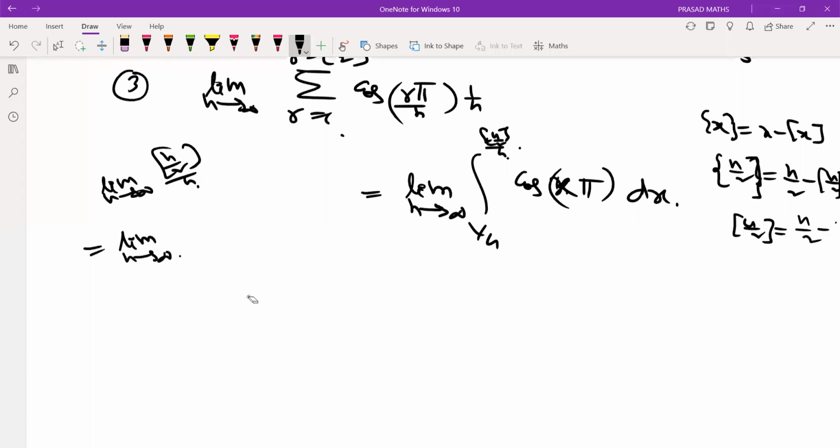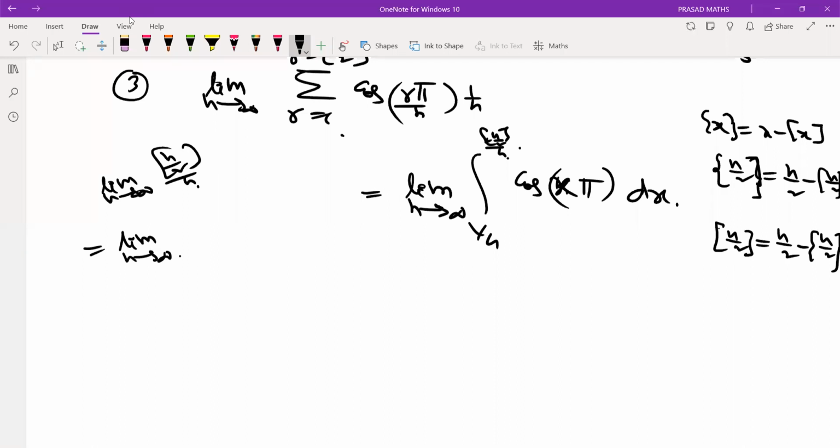What is this? Fractional part of what I get? So this is exactly step of n by 2 is equal to n by 2 minus fractional part of n by 2. Right?